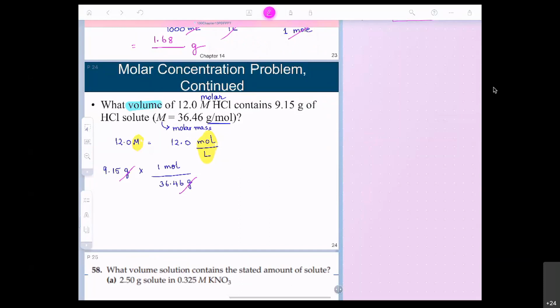I really want the moles on the bottom, the liter on the top. So what you want to do is go opposite here. You really want to go with 36.46 grams. You can see how I'm inverting it over 1 mole, then 1 divided by 9.15 grams.